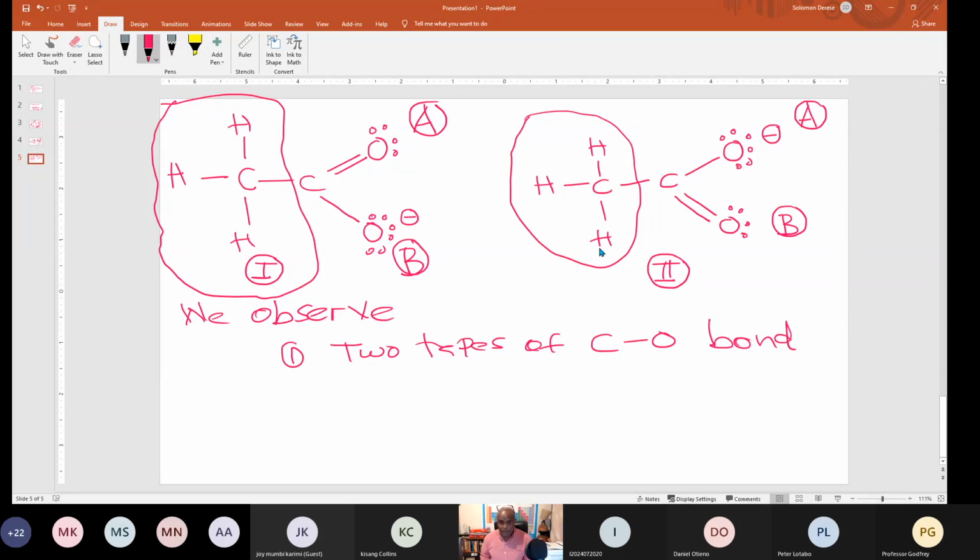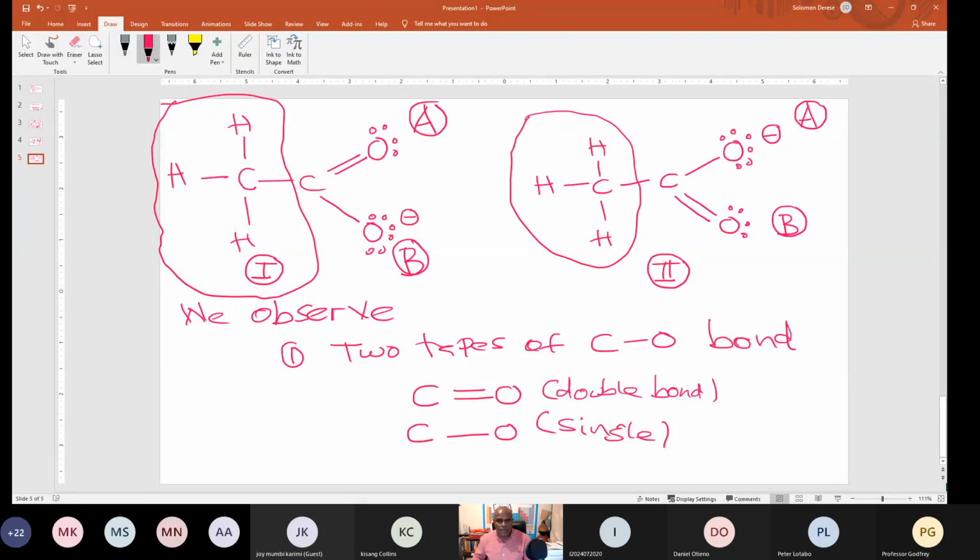We have a carbon-oxygen double bond, and then a carbon-oxygen single bond. In the acetate ion, we can observe 2 types of carbon-oxygen bonds, a double bond and a single bond.